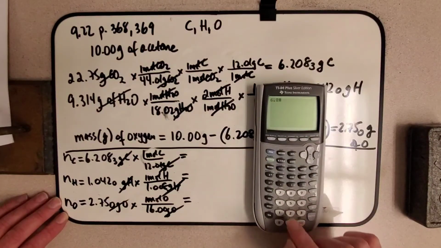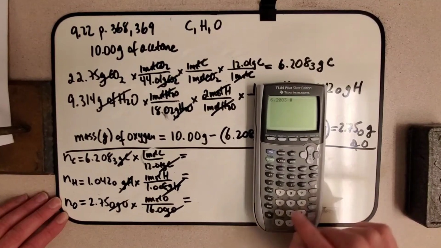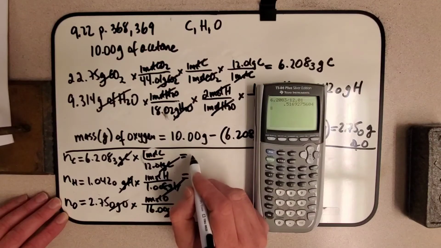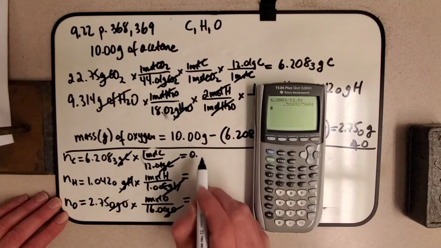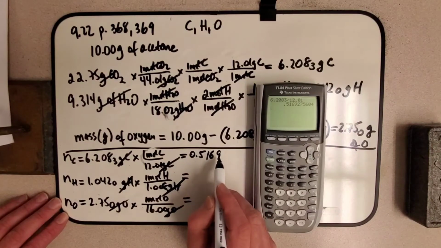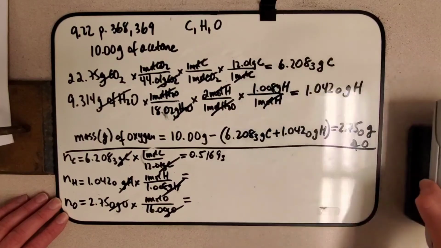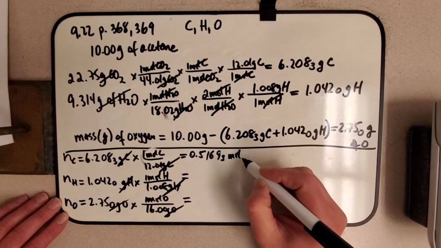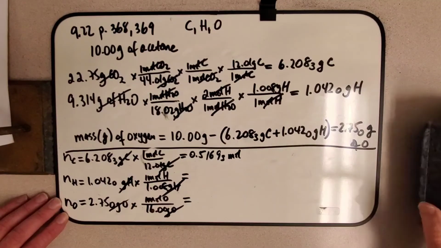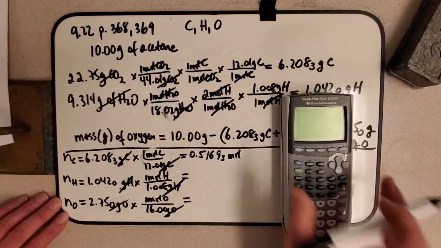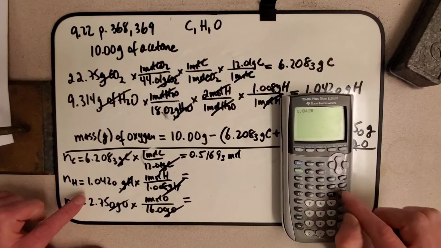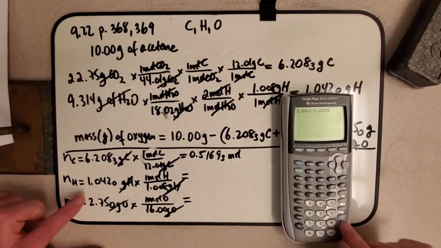So 6.2083 divided by 12.01. Our first answer here, 4 significant figures, 0.5169(3). That will be our moles of carbon. Okay, great. So next one. That will be now 1.042 divided by 1.008.